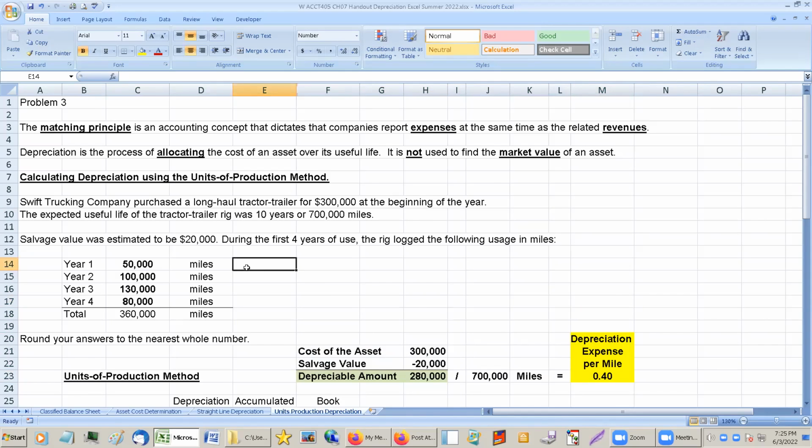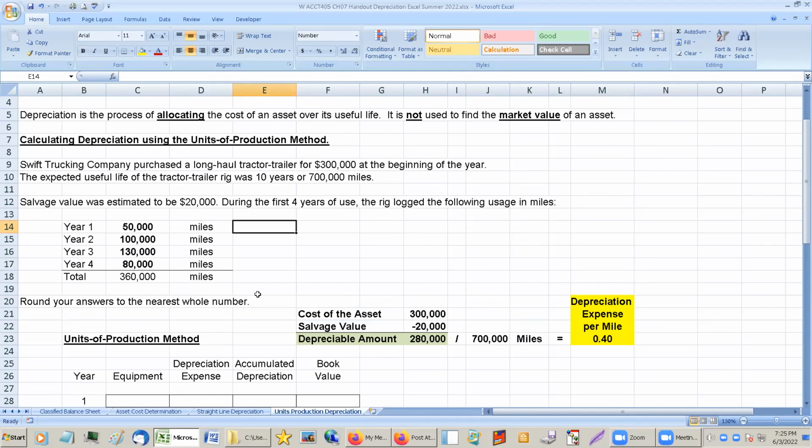So here's what we're going to do. Up here, we're going to multiply these by $0.40. So take 50,000 times 0.4 equals some number.